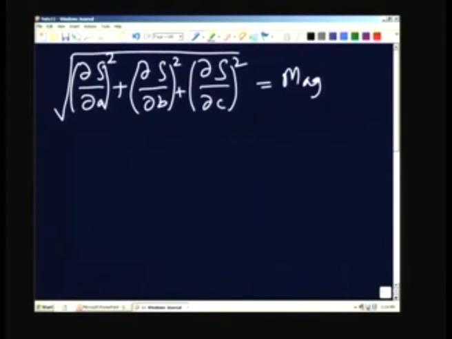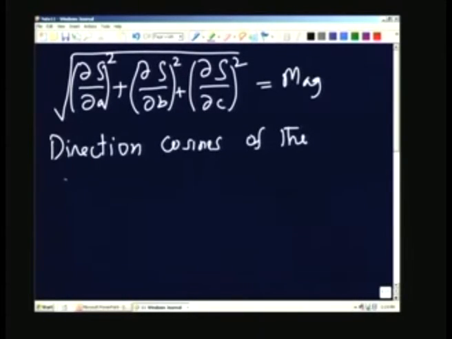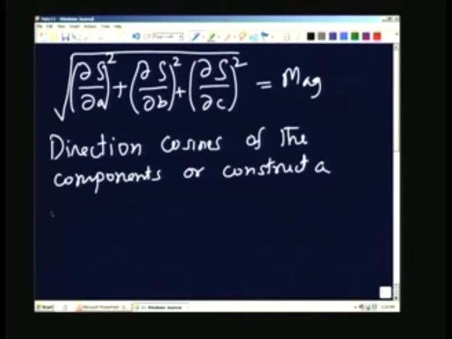From this magnitude, I can also obtain the direction cosines of the components, or we can construct a unit vector given by the following.